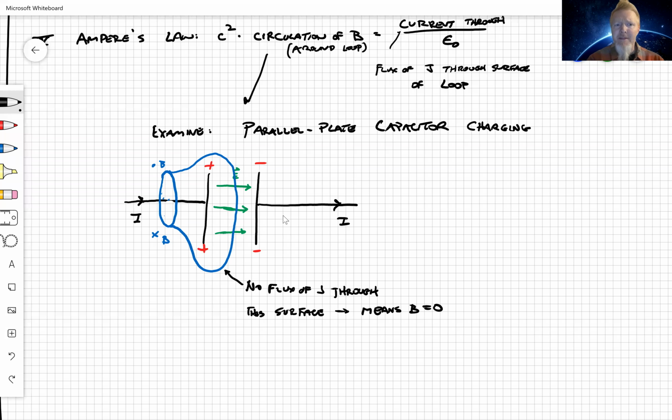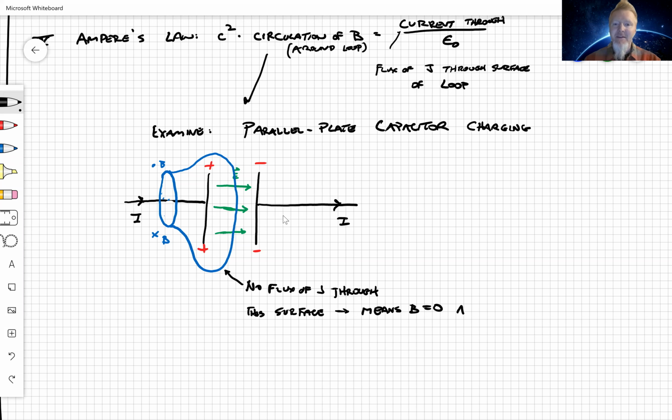I can't do this anymore because there's no flux of current through my surface. So I have no way of saying that there's a magnetic field here. But I know there has to be a magnetic field there. We can measure a magnetic field around a wire, and it looks like that curly thing that's going around the wire. So how can I get my new surface to replicate the experimental fact that I have a B field around a wire that carries current?